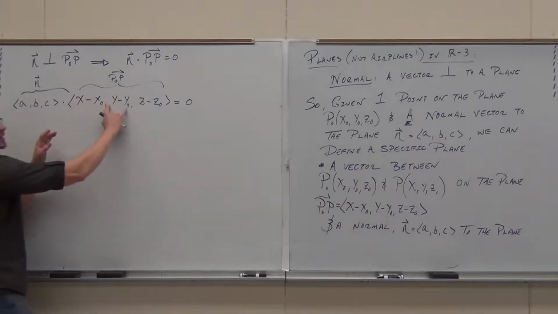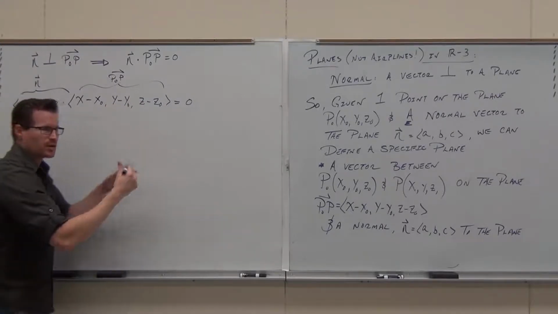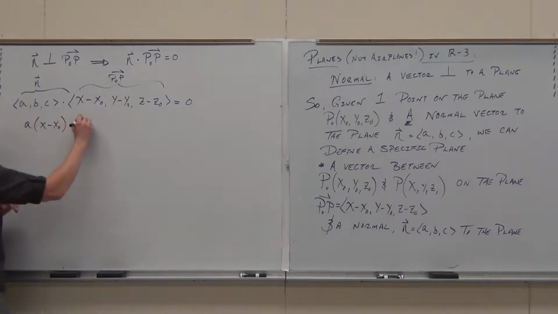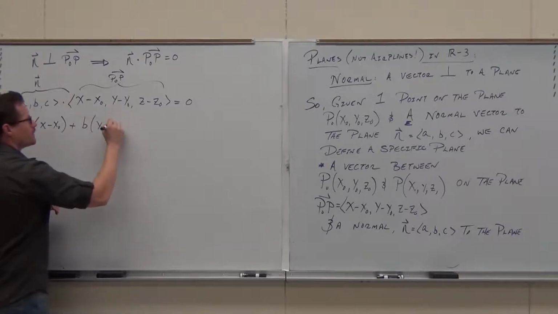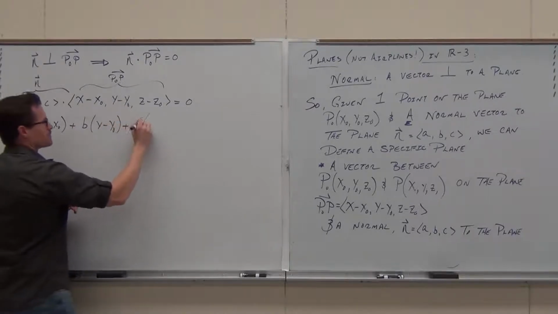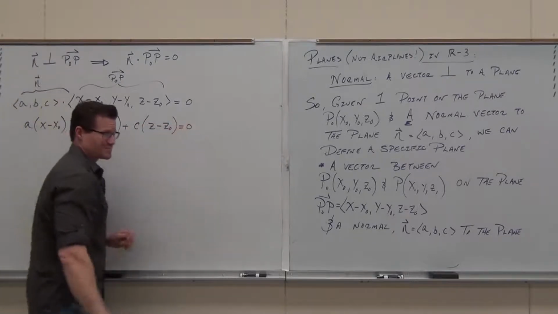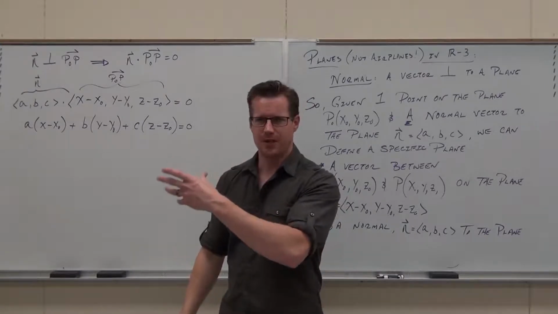X component, Y component, Z component. X component, Y component, Z component. They're just vectors. I can dot product them. So if I do that, we get this. Follow along with me. Do you see that we get the scalar function?